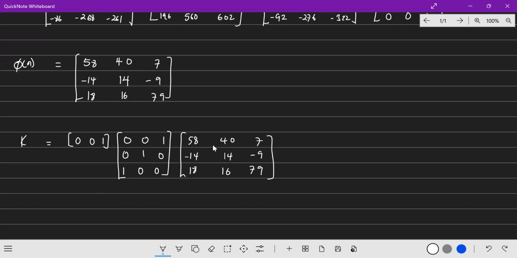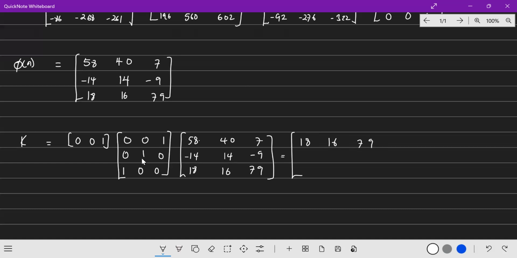First of all, let's multiply these two, the first two matrices there. So this by that, 0 by 0, there are 58, that's 0, 0, that's 18 here, right? And then 0, 0, that is 16 here, and that's 79 there.